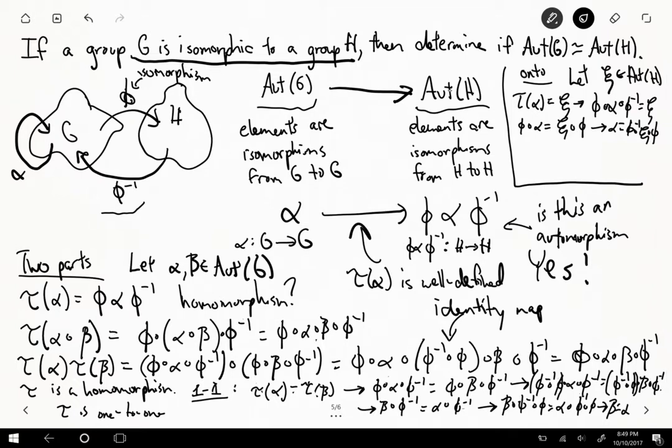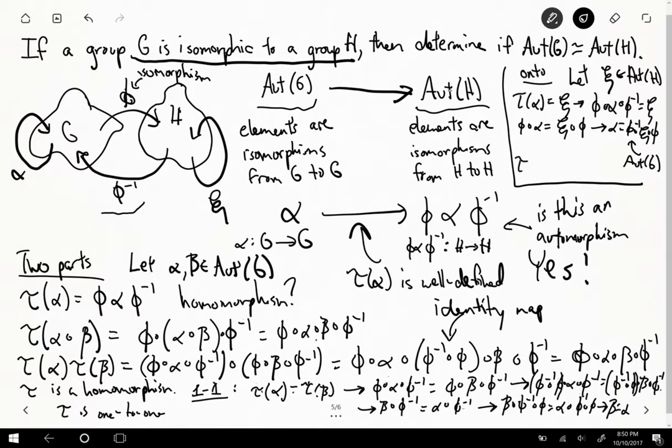So notice we start on the right hand side, you start with phi. So we start in G, we map to H, we do the tornado, so the tornado thing goes right here. Okay, and then we take phi inverse and we go right back to G. So this is an element of the automorphisms of G. Okay. So at the end of the day, what do we want to do?